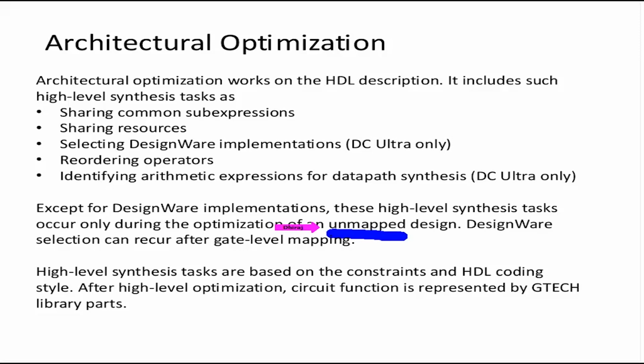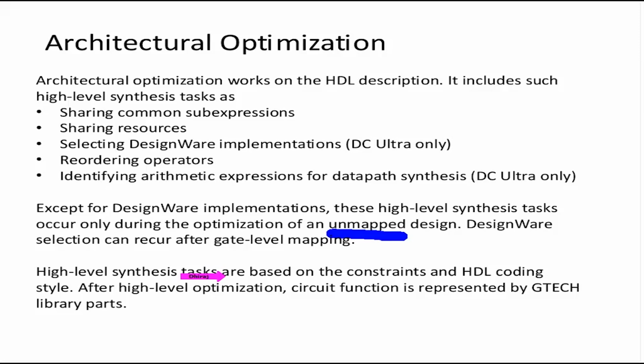High level synthesis tasks are based on the constraints and on RTL coding style. We have seen how we can force resource sharing at the RTL stage itself. Obviously, our constraints will determine what designer implementation is selected. For example, if we have a very relaxed set of constraints, a very slow clock, then DC will use ripple adders because they are lower in area, but they are slow.